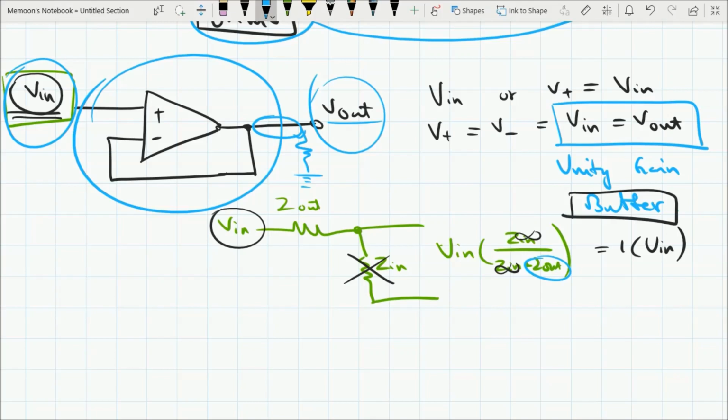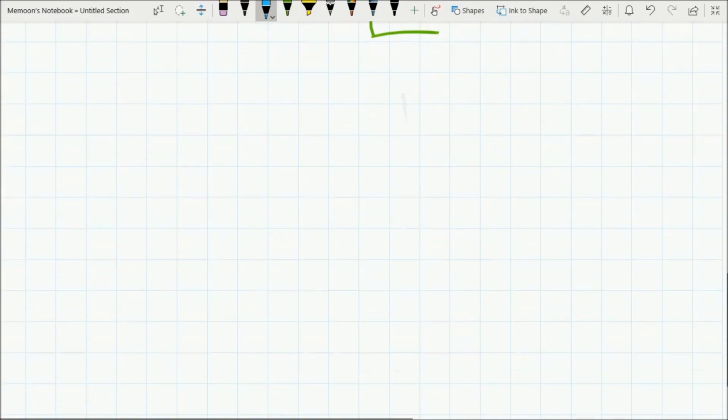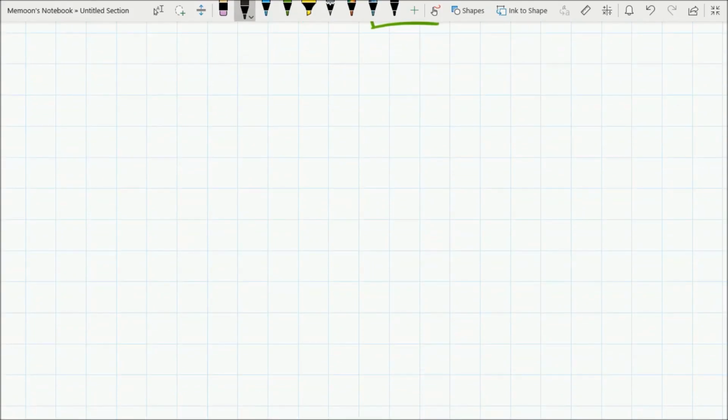Now moving on to a little bit more complex feedback circuit, and that is an inverting amplifier. In an inverting amplifier, again we have a positive input, a negative input, and an output. But in this case, let me switch the positive and negative terminals here, negative and positive, right?